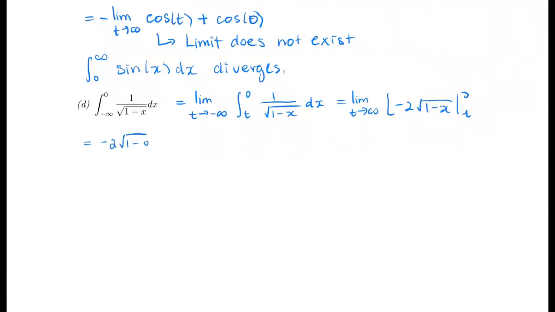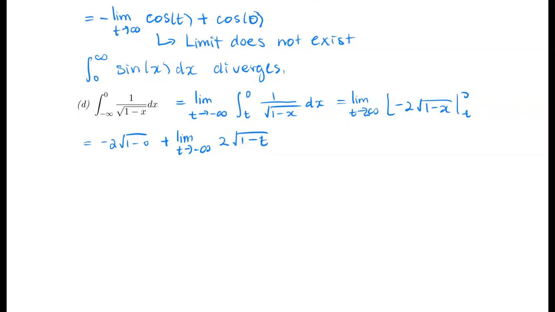So that value exists. However, for the second part, we have the limit as t approaches negative infinity of 2 times the square root of 1 minus t. As t approaches negative infinity, this is a positive number, but it gets larger and larger and does not converge to anything.